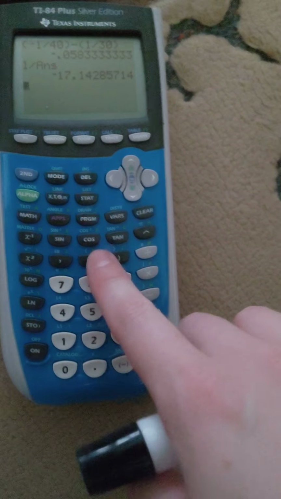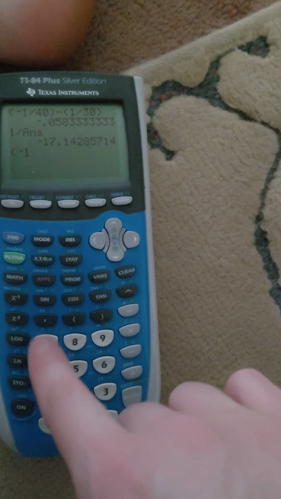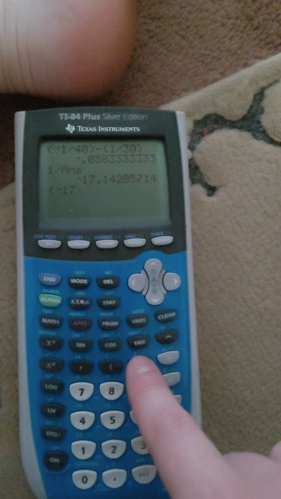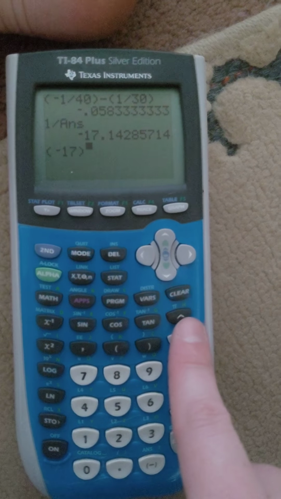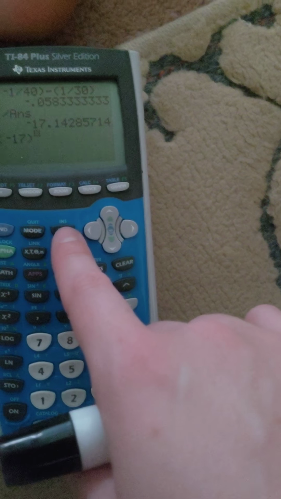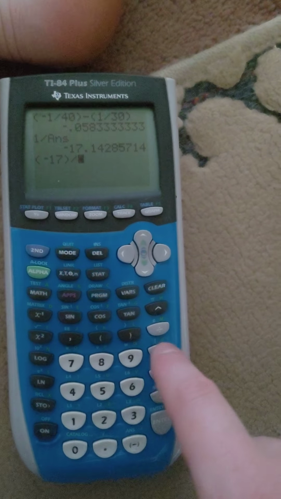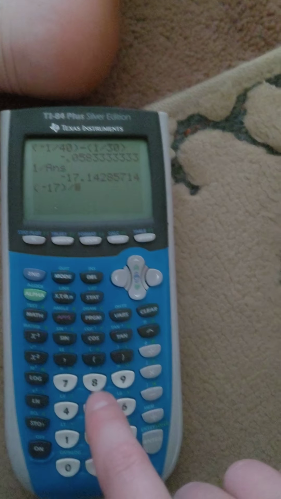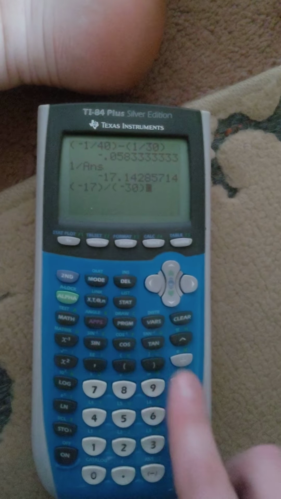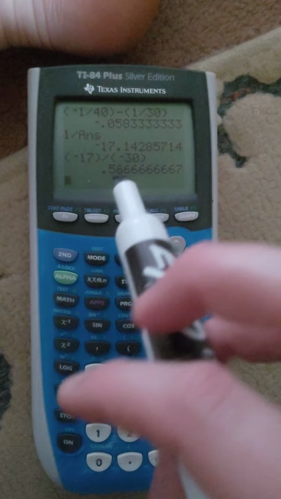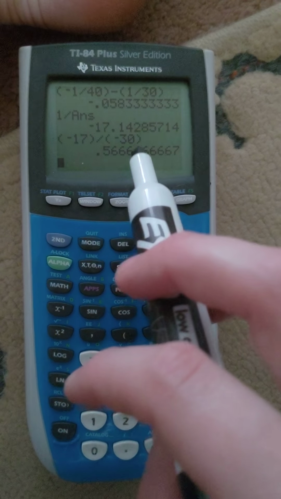So we go negative 17 divided by negative 30, which equals 0.5667.